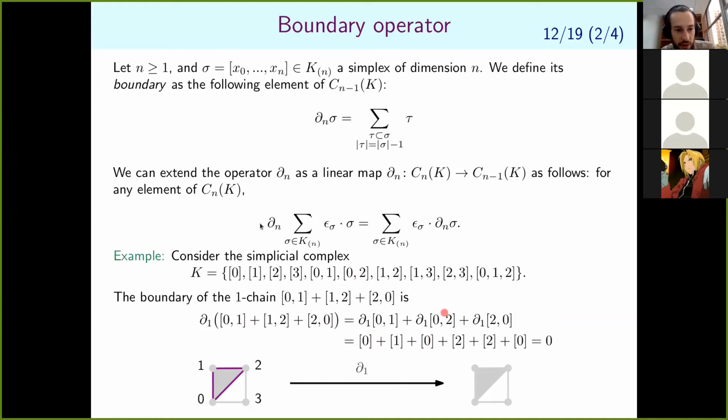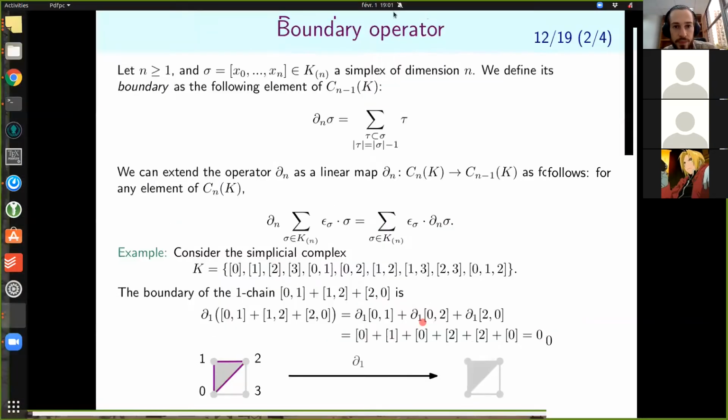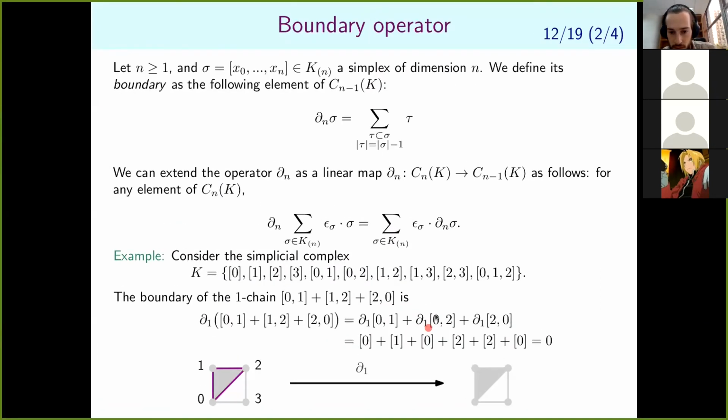Here we should have 1, 2, plus 2 plus 0.